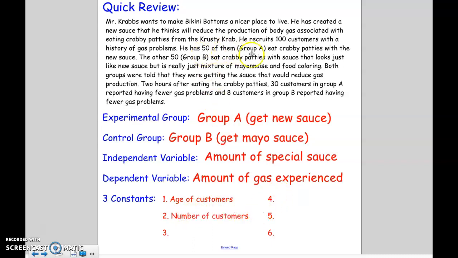Each group has 50, so you want that to be the same for each group. Amount of sauce that they're getting. Even though they're not each getting the same sauce, the amount is what we want to keep the same. Amount of gas that they were experiencing initially, type of burger they're eating, even the size of the burger would probably be important, and then the time frame. They want to keep the time frame the same.